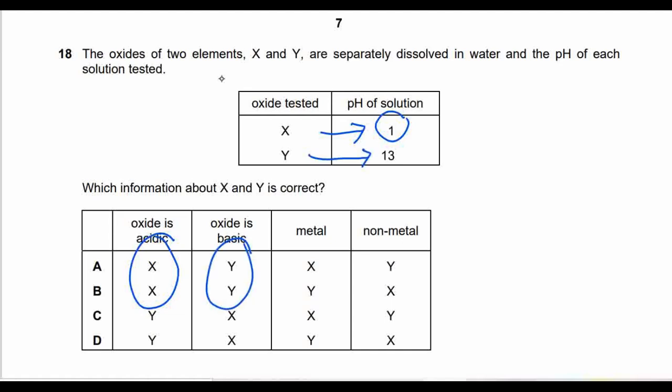So since Y is basic, it means Y is a metal, so the metal is Y and the non-metal is X. So our answer will be B for 18, since metals always have basic oxides and non-metals have acidic oxides.